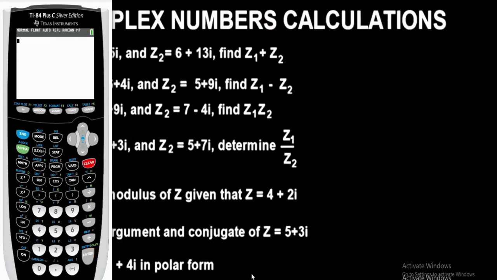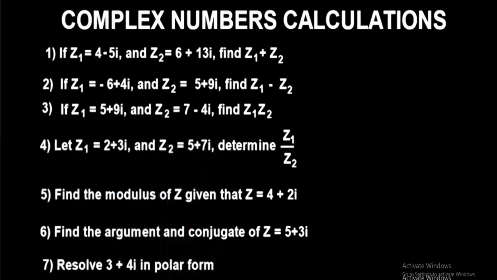Division. We got 71 plus 43i for multiplication. For division, we have z1 to be this and z2 to be this. Determine z1 over z2. This is division. Let's do it. z1 is 2 plus 3i.